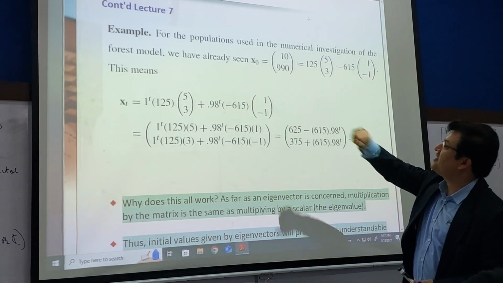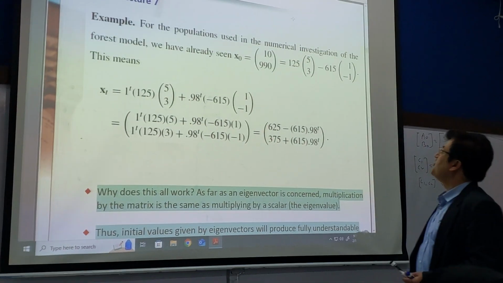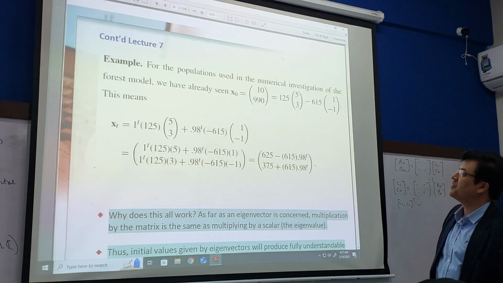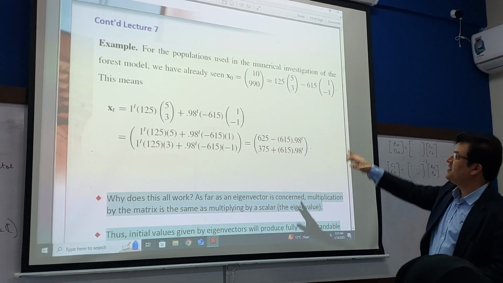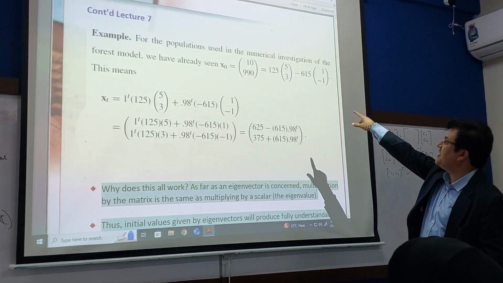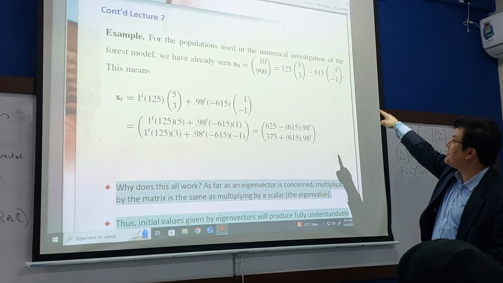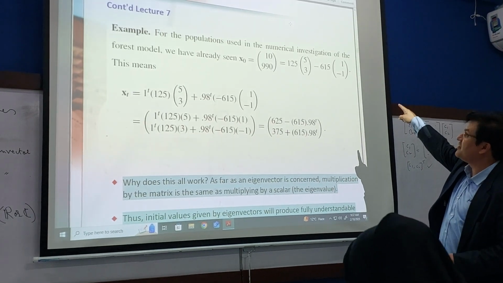Actually, what is the example? It says that for the population used in the numerical investigation of the forest model, we have already seen that the initial data is 10 and 990, and this can be written as, in the previous example, C1 V1 vector minus C2 V2 vector. Okay.